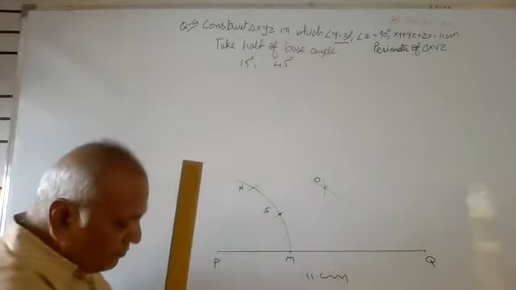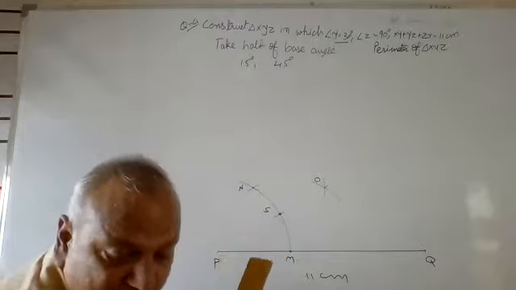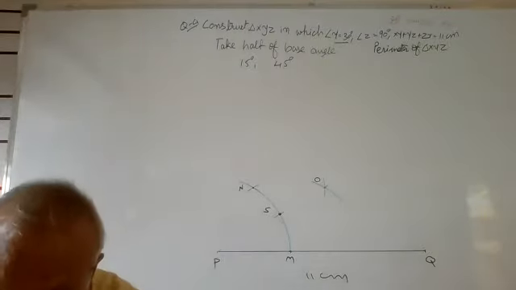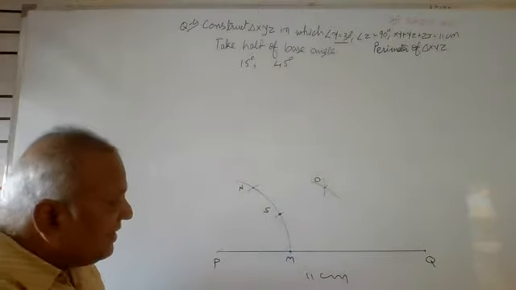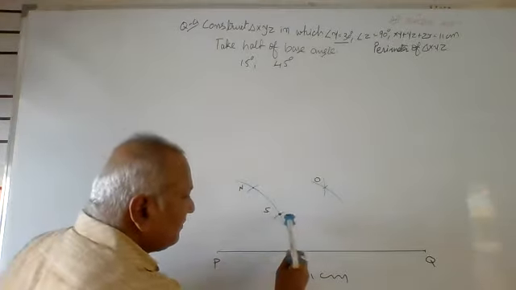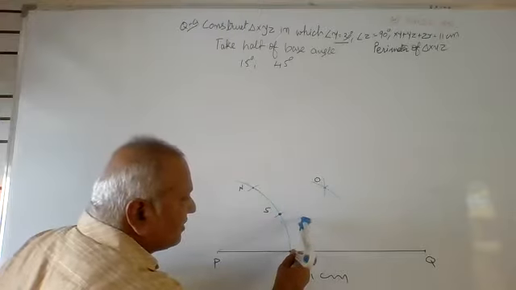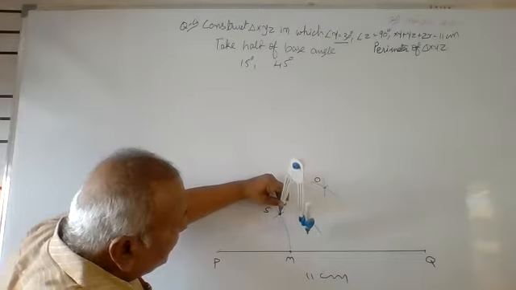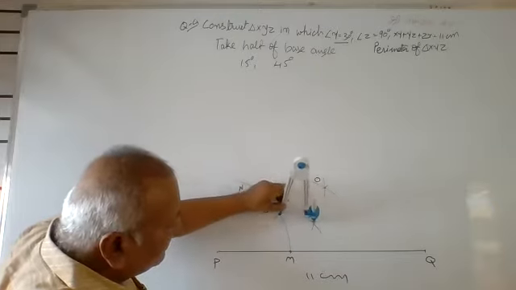Now by taking a measurement of more than half of M and S, I will construct 15 degree. On this side I make an arc, and from S I will make another arc.